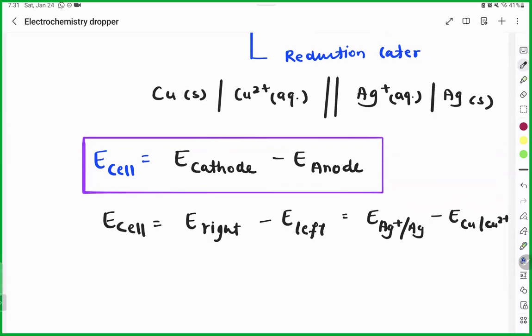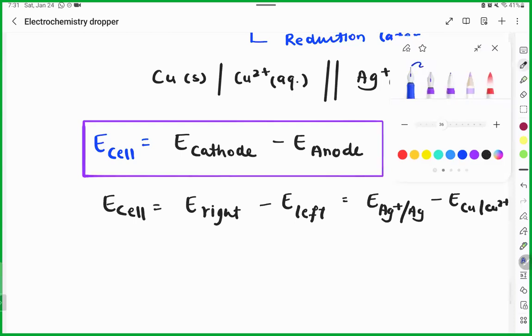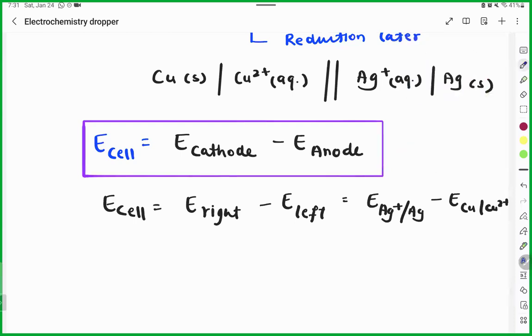Oxidation happens at the anode, but even for the oxidation you have to take the value of the reduction potential. So consider only reduction potential.